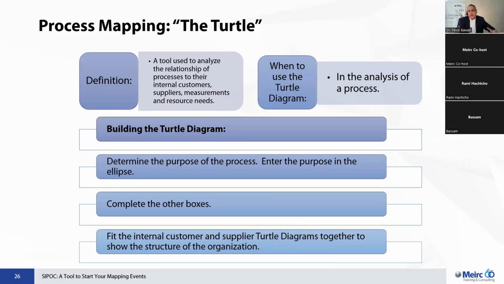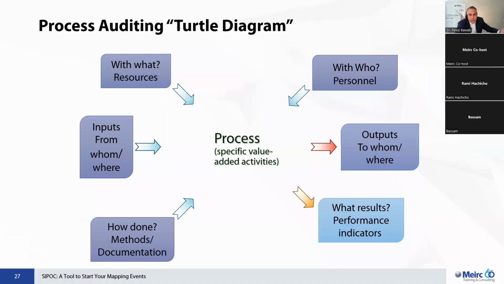So the turtle diagram, someone decided that it looks like a turtle, and they said, we can use it to understand the enablers and the relationship of our process. In addition to the SIPOC, I can do a turtle to understand the resources, the policies and procedures, the people that are doing it, and of course the measurements. So let me explain this with a chart or a graph, because then it will make sense.